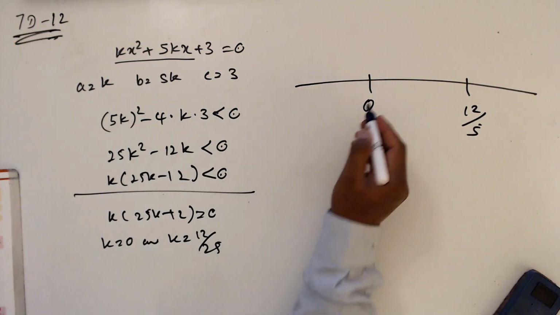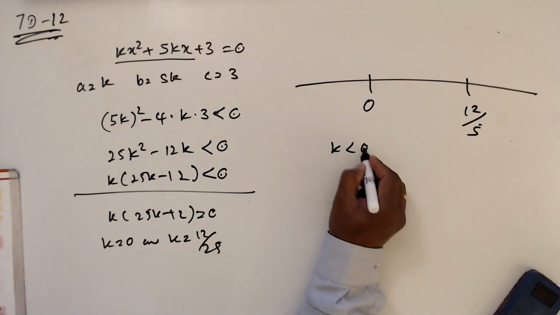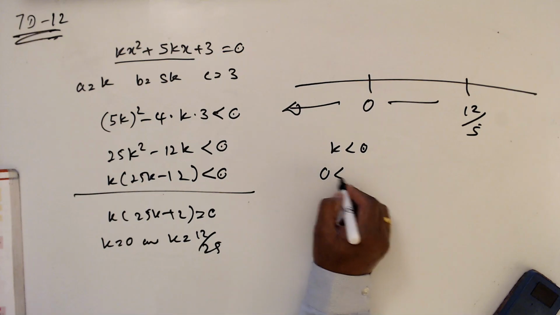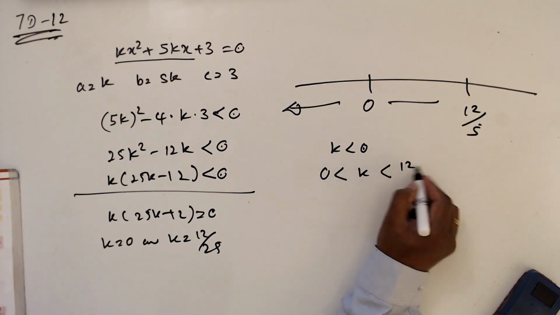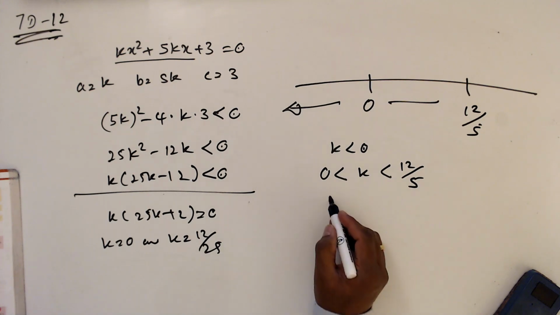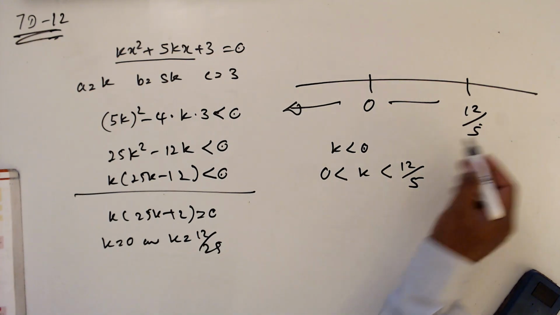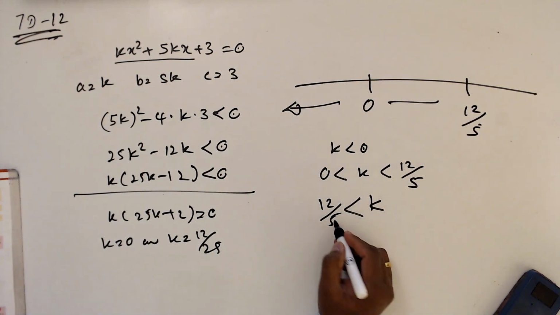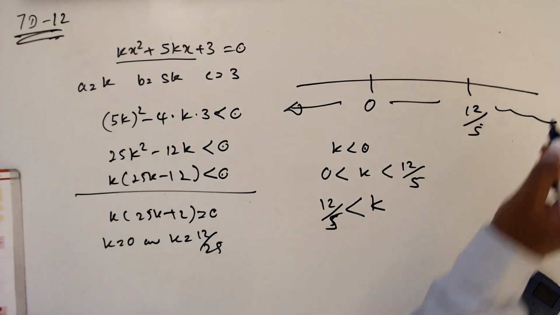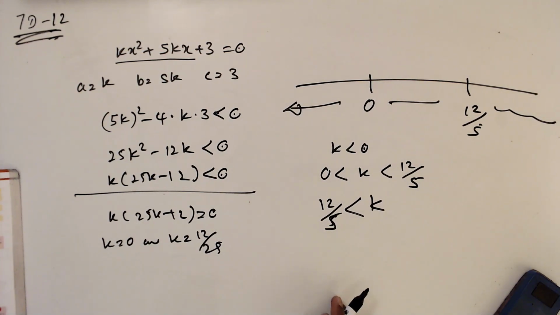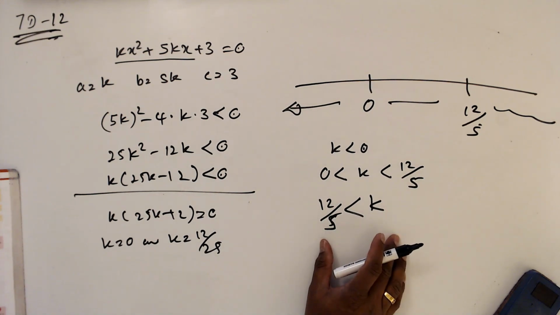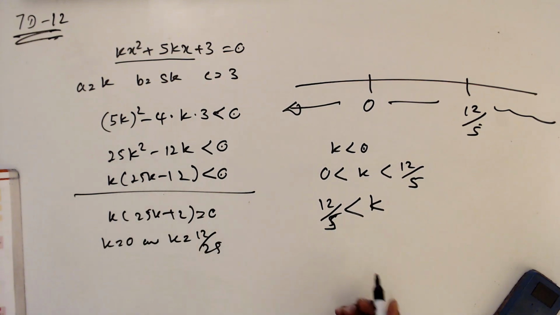So we have three areas: k less than 0, this area, or k in between 0 and 12 over 25, and then the other area is k greater than 12 over 25, this area. Now what you could do is simply take a value from each area and substitute and find the numbers.